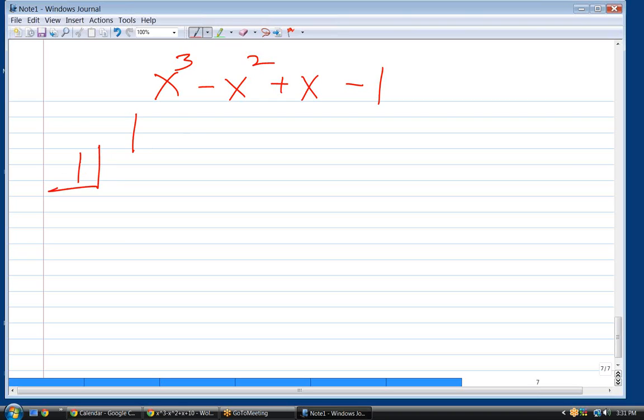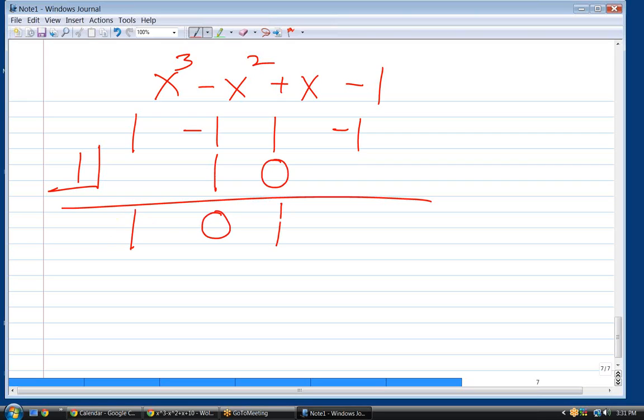I got 1 minus 1, 1 minus 1. So let's see if this is a solution. 1, 1, 0, 0, 1, 1, bingo, 0. So the fact that we got 0 means x minus 1 divides into that evenly.